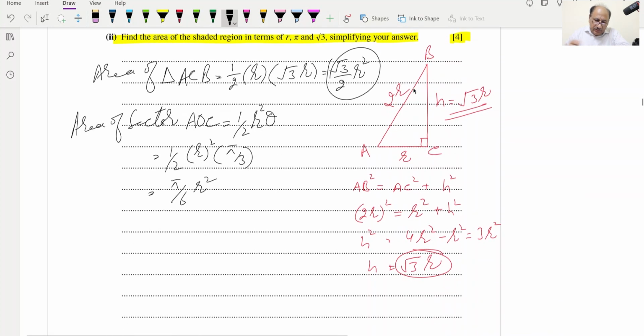Now the shaded area is equal to the area of the triangle minus the area of this sector.